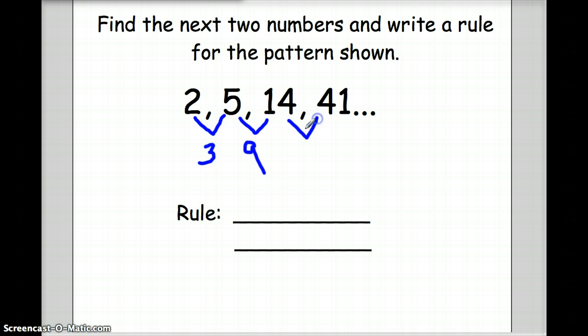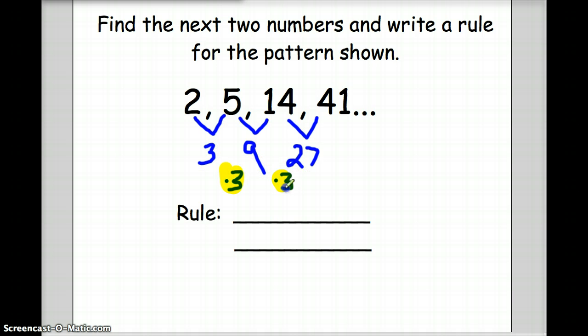From 14 to 41, we add 27. Now let's look at how these terms relate. 3, 9, and 27. Well, to get from 3 to 9, I can multiply by 3. To get from 9 to 27, again, I can multiply by 3. So that's a really important key that we're going to have for this one.